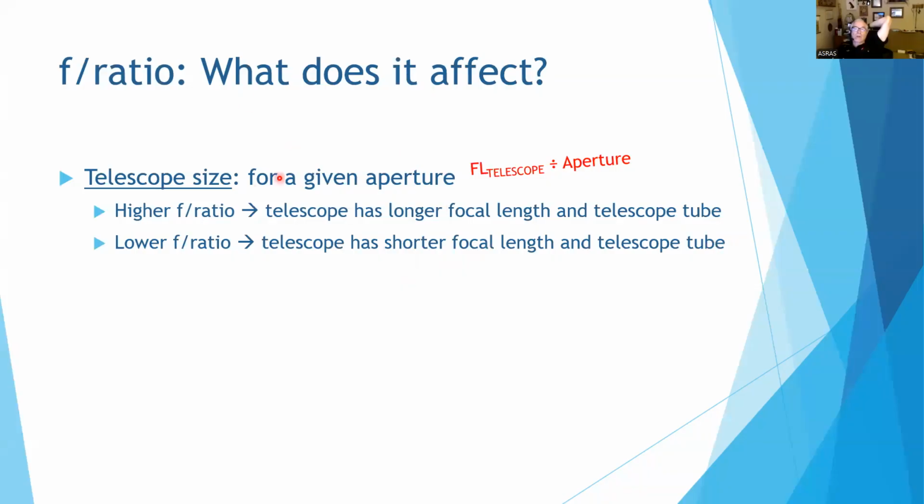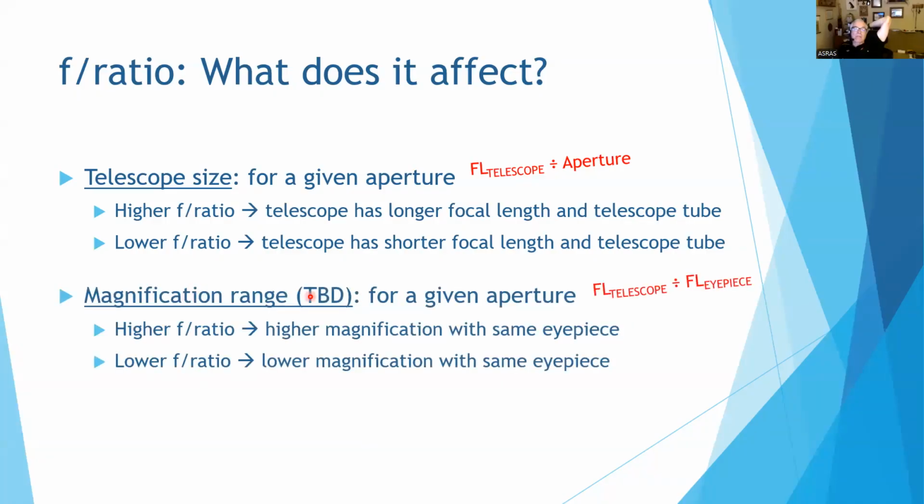This doesn't hold true if you vary aperture as well, but if you hold that constant, then F ratio is directly proportional to the focal length of the telescope, and therefore the length of the telescope tube. It's why catadioptric telescopes are so popular: you don't need such a huge telescope to achieve the F ratios you want, because of the folded light path and the ability to achieve a focal length without having the entire optical tube be that long.